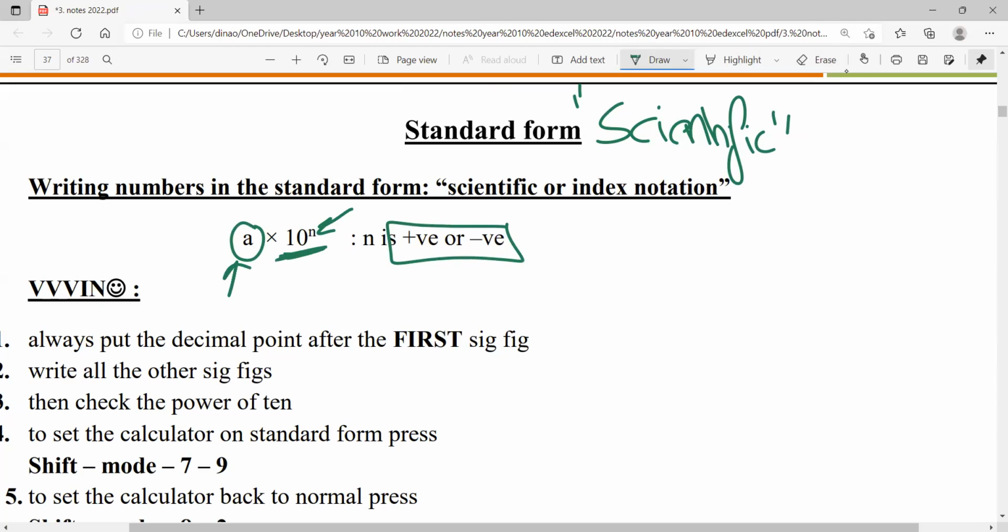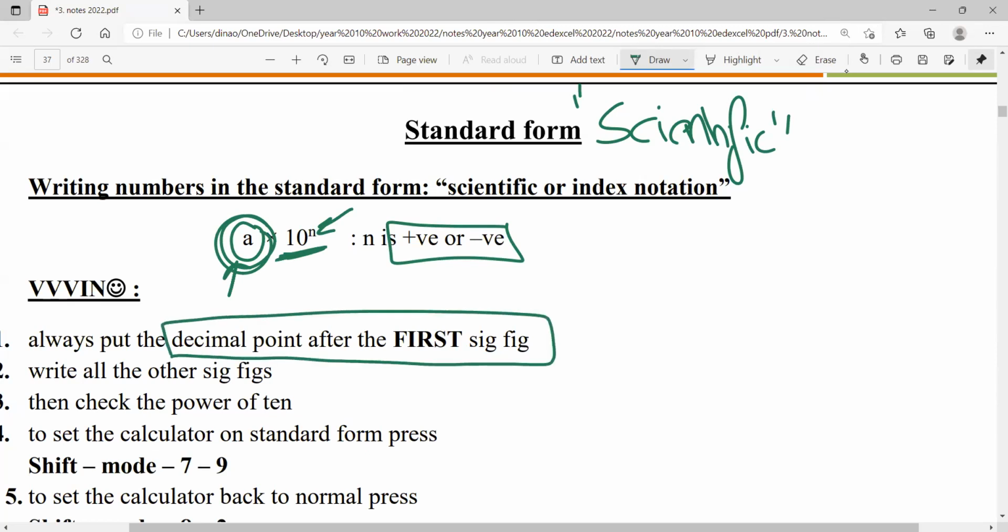The most important feature of this number is that the decimal point must be after the first significant figure. So again, standard form or scientific notation is a number multiplied by 10 raised to a certain power. This number is very special because the decimal point must be after the first significant figure.